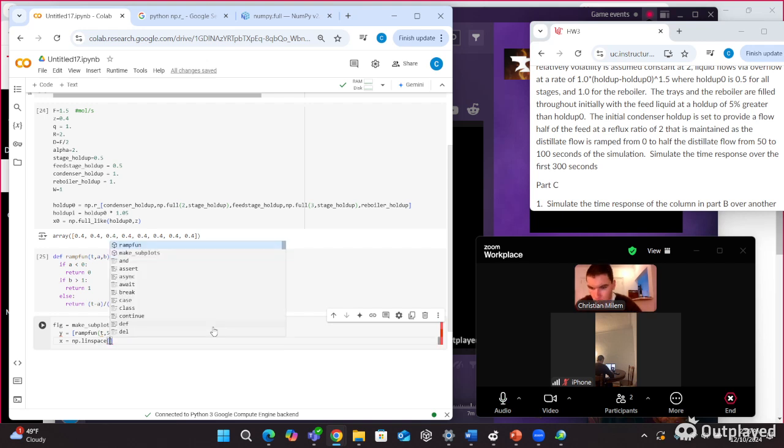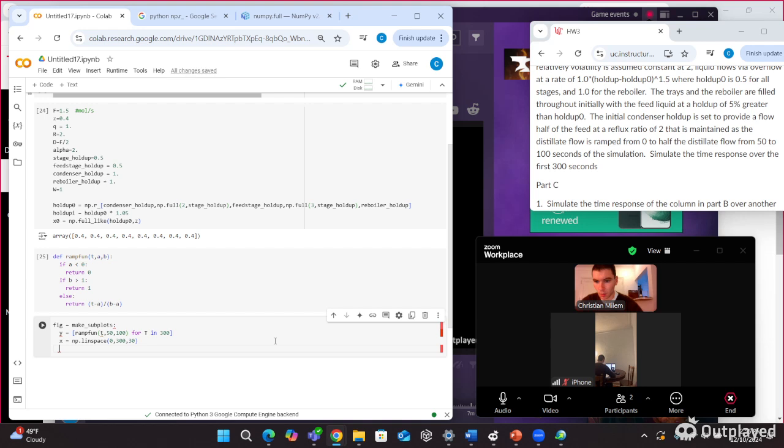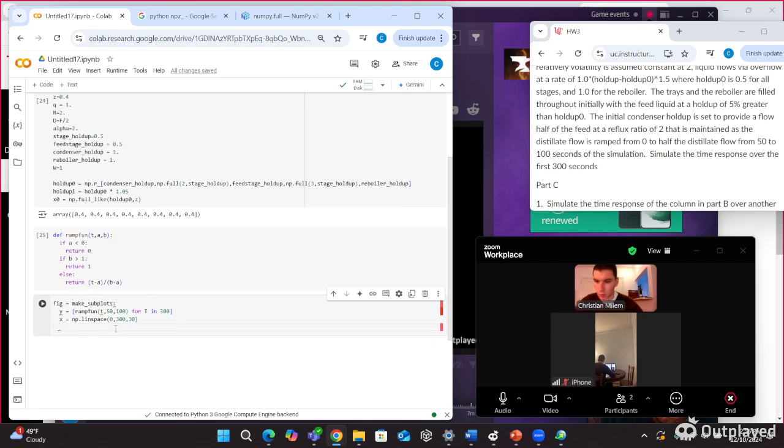Zero to 300, and we'll do 30 spaces. Scatter. X, Y equals Y, node, ones.